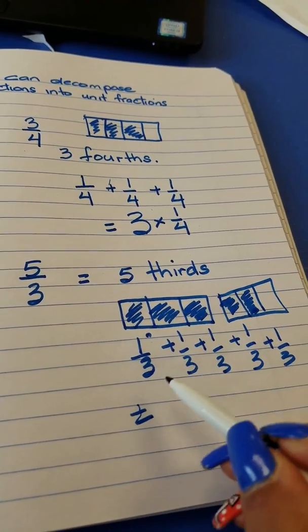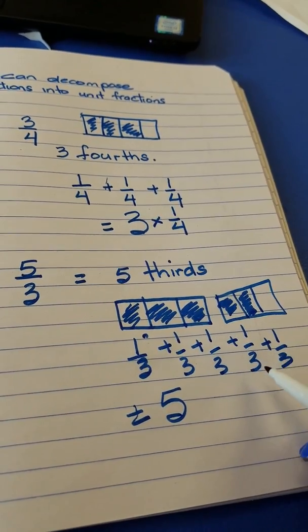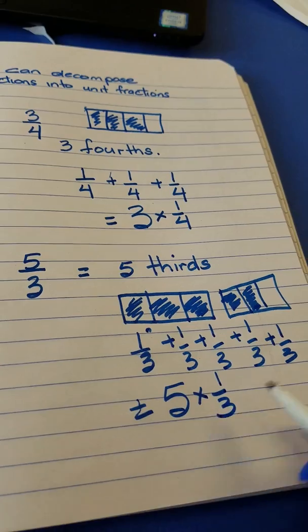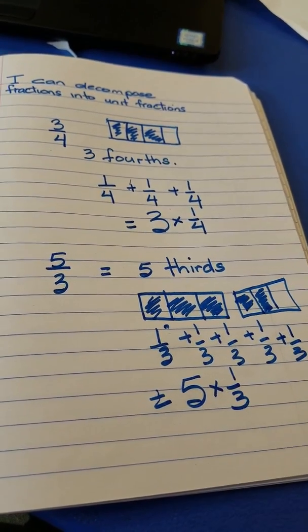In total, we have 5 1/3, which means I had to write 1/3 5 times in order to get that fraction. So 5/3, another way it's written is 5 times 1/3.